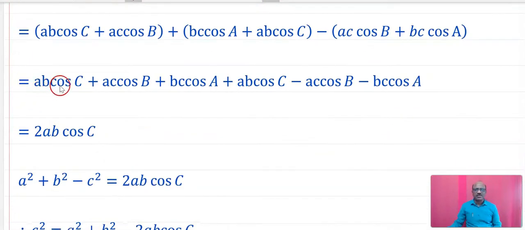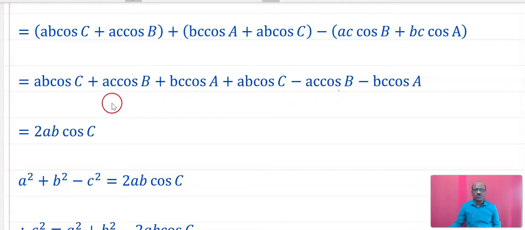You will get ab cos C plus ac cos B plus bc cos A plus ab cos C minus ac cos B minus bc cos A, and these terms will get cancelled. That is ac cos B cancelled, and bc cos A, these two terms get cancelled.